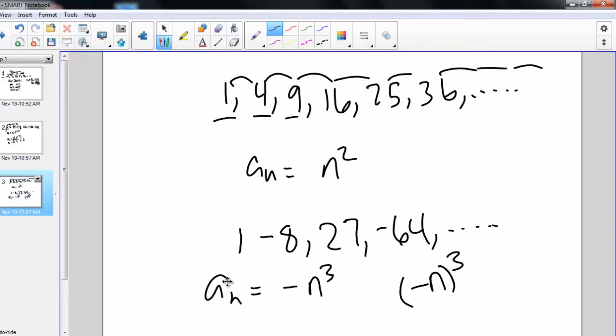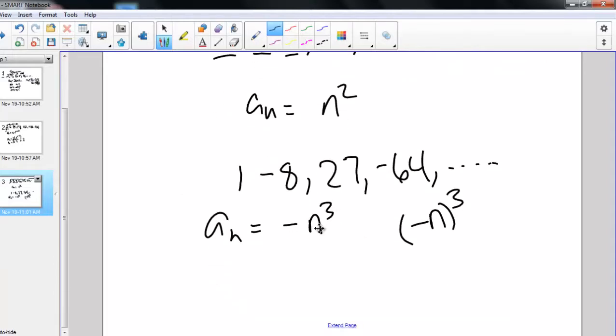Actually, in that case, it doesn't matter because an odd power of a negative number is going to be negative anyway. What you have to do is, once you think you know what the general term is, just start plugging in some numbers. That's -1. And people go, well, then that ain't going to work.